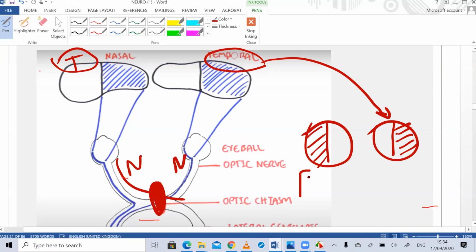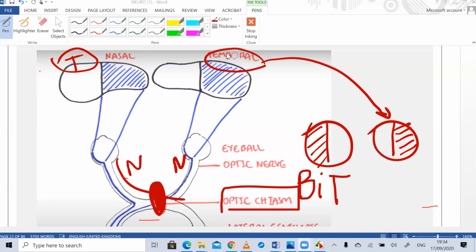So I have bitemporal hemianopia with optic chiasma lesions. Is it clear, doctor? Is this concept clear? Yes. So I have bitemporal hemianopias with optic chiasma lesions because I am compressing both nasal fibers, which are transferring both temporal fields.